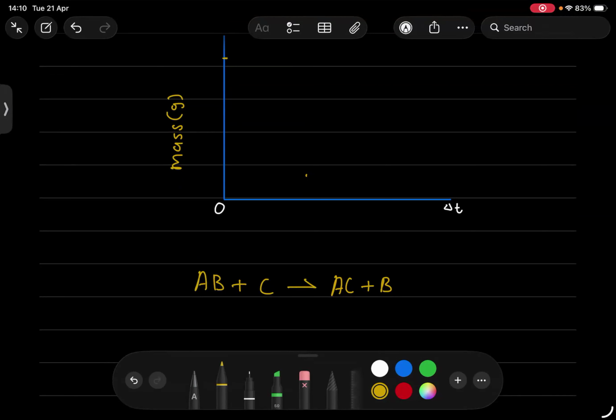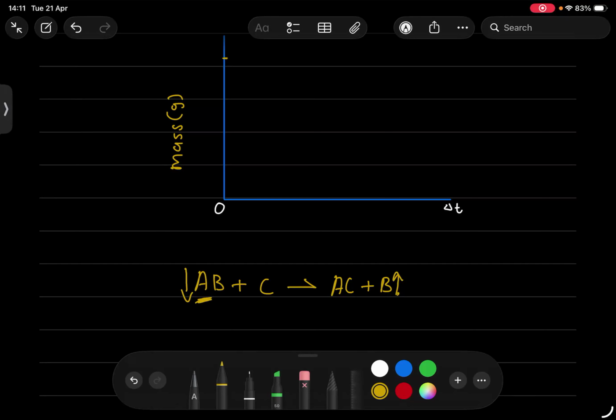And if you check your graph very well, you can have your graph for reaction rates, maybe the mass loss versus the time. And you can say this is the mass of AB. Because remember, guys, when the mass of the reactant goes down, the mass of the products will go up.